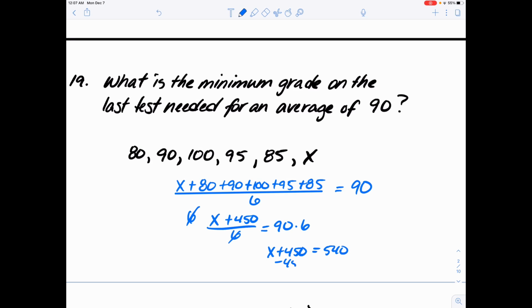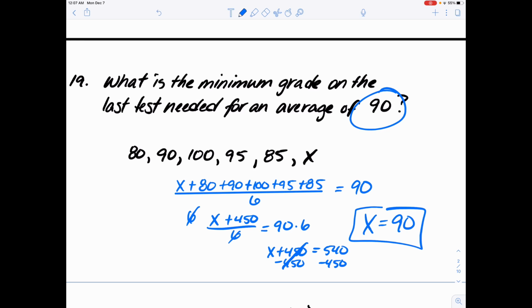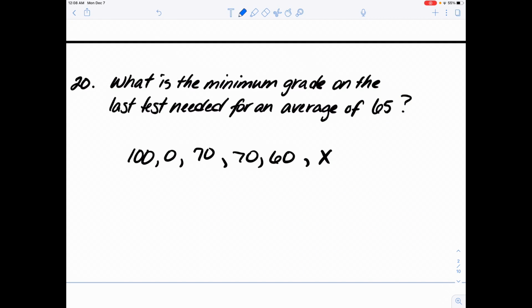We'll subtract that 450 from both sides, leaving me with a final test grade needed of 540 minus 450, which is a 90. So I need to make a 90 on that last test to have an average of a 90 for the course.